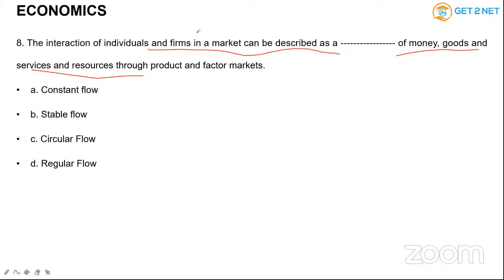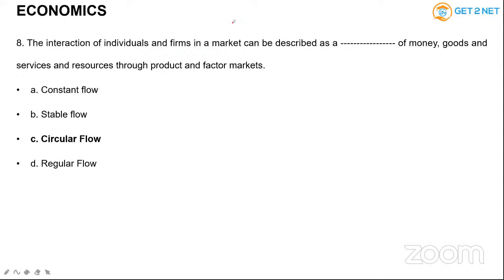Ninth question. Okay, waiting for an answer from Lipsa. Okay, let's see the answer. The answer to this question is circular flow.